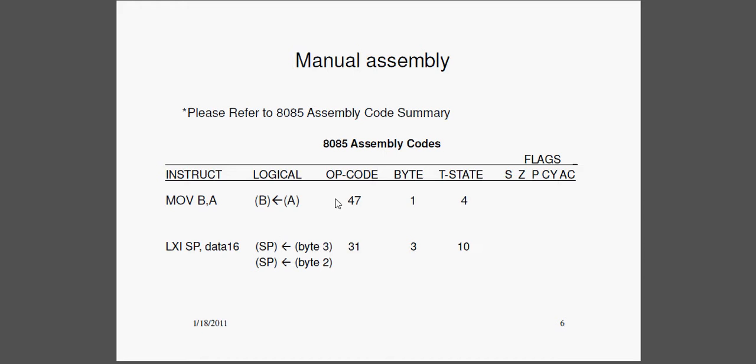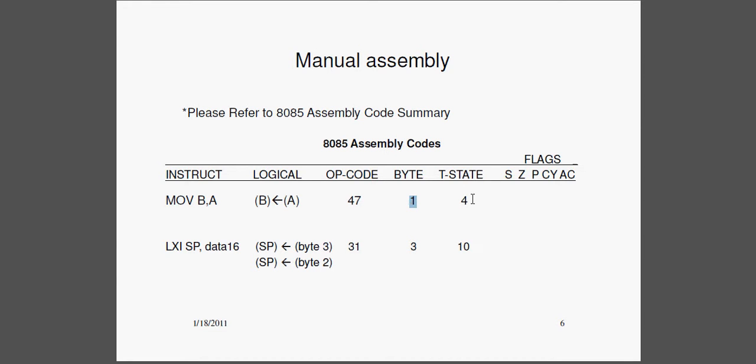If you see, for example, this instruction, move A to B. This is the logic of the instruction, and this is the opcode number for the specific instruction, and this is the size of the instruction, which is 1 byte, and T-state is the number of cycles involved to complete the instruction.